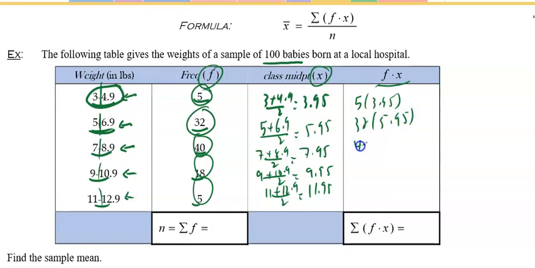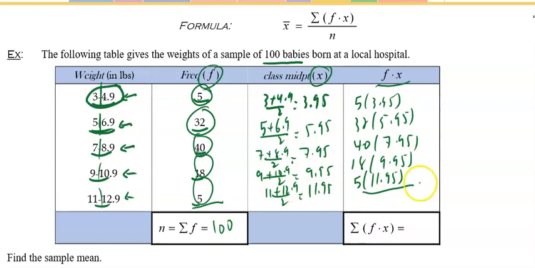We take 40 times 7.95. We take 18 times 9.95. And we take 5 times 11.95. Now, if I add those frequencies, they add up to the total of 100. And if I add these numbers, put them in a calculator and add them all, I get 767.